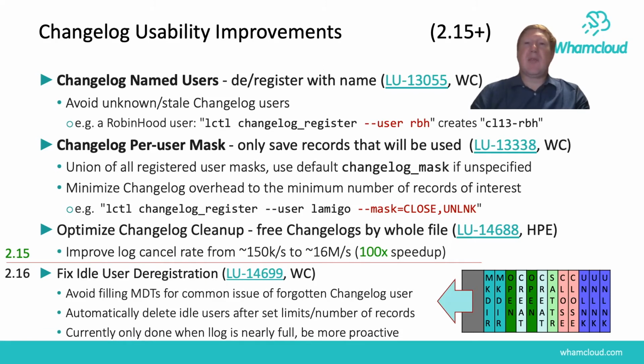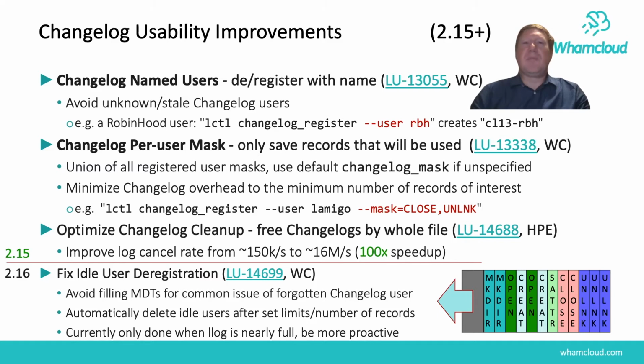That allows the application to identify which changelog it should use without manual configuration from the admin. And it allows identifying if there are stale changelog users around, so they can be deregistered proactively rather than worrying about, in case you don't want to disrupt the operation of an application.